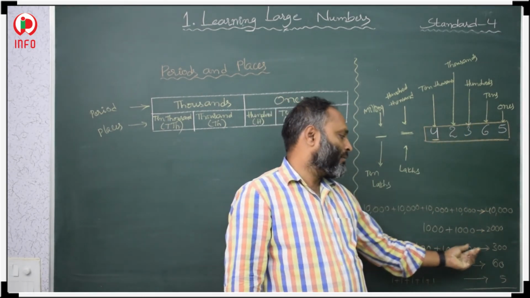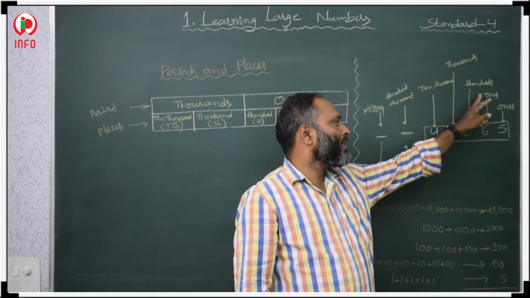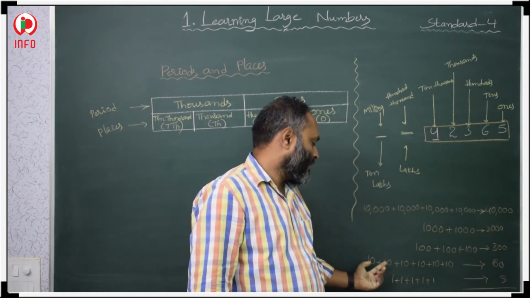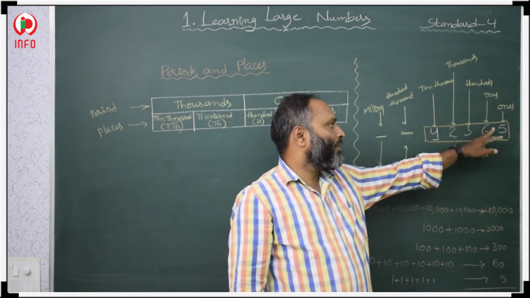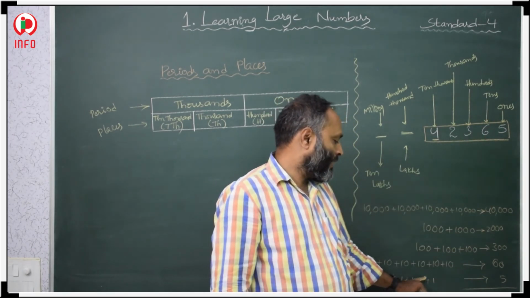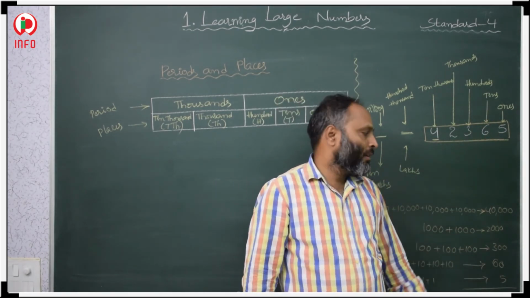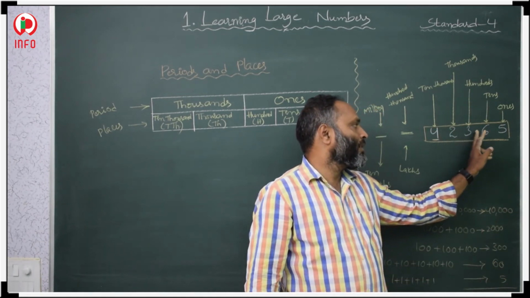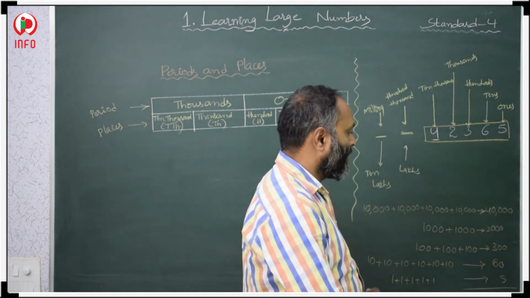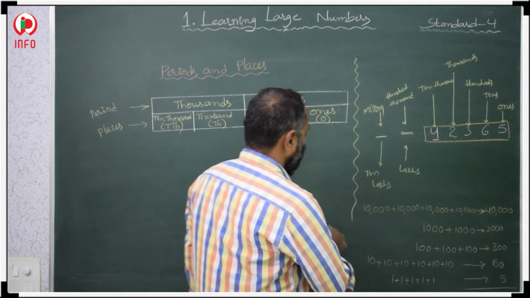Then 6 in the tens place, 6 tens, that is 60. 5 in the ones place, we add 1 five times, then we get 5. After adding all this, we get the same result, 42,365.